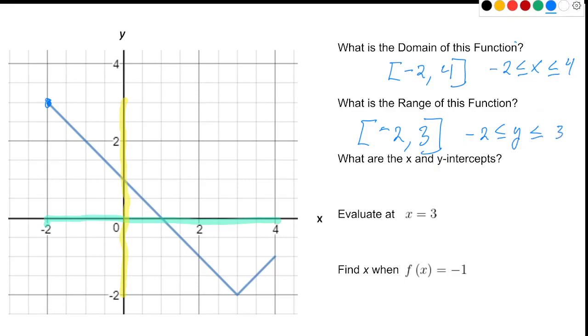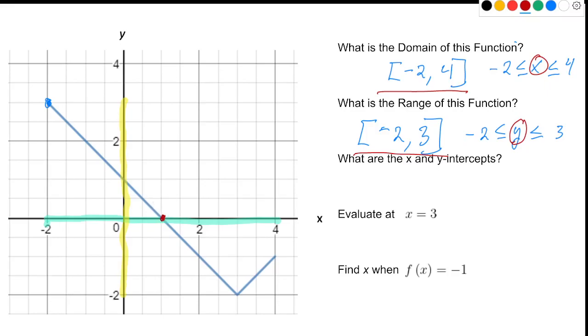Sometimes I like the inequality notation because it's a lot easier to spot which one is the range, which one is the domain. But a lot of times we are asked to use interval notation. So we'll keep working through that. What are the x and y intercepts? That's another issue that we want to talk about. Where does the graph intersect the x-axis? Well, here's a point here.